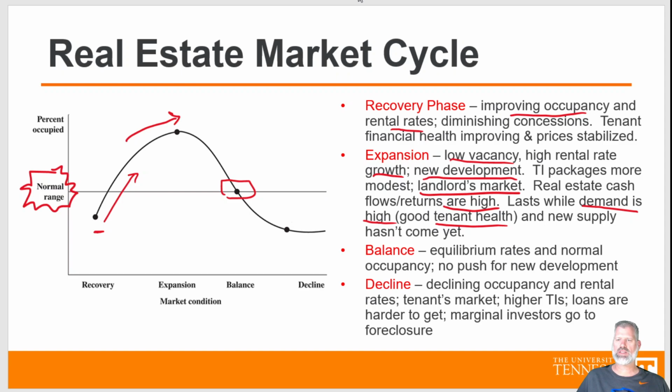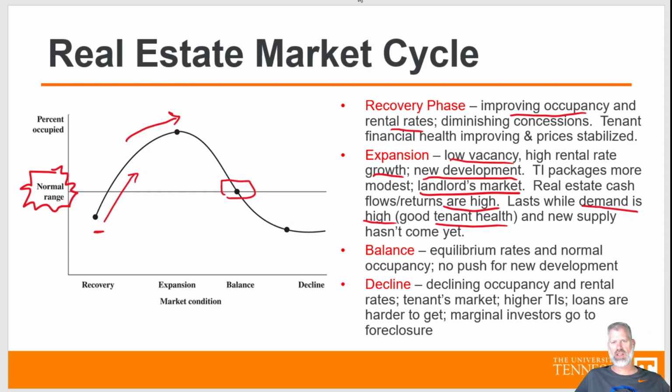There's not going to be a lot of demand for new development because we have a nice balance between the space being supplied and the space being demanded. It's a nice level thing. There's nothing exciting from the ownership side, so you're not going to have incredible returns at this point, but on the other side, tenants are going to feel pretty good because they can usually find space if they need it.